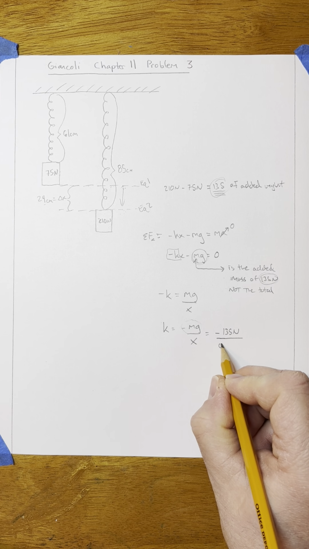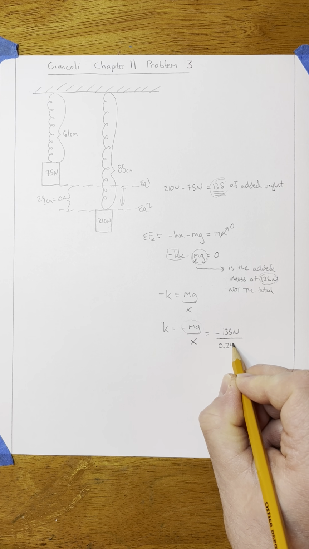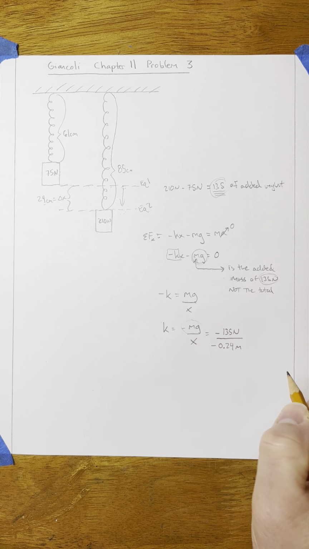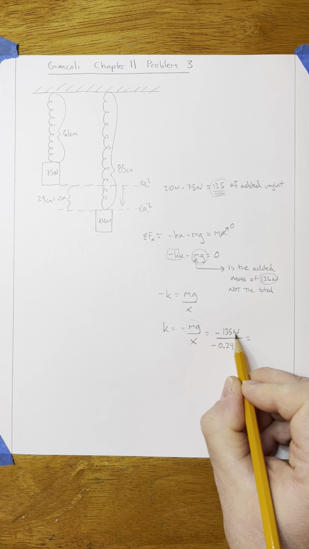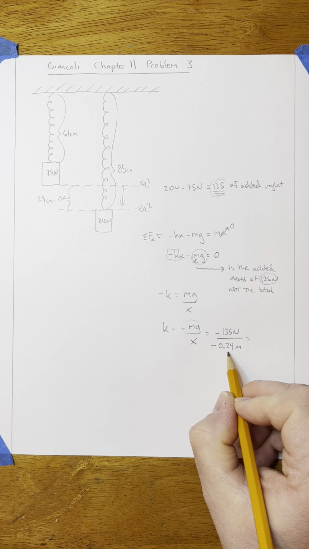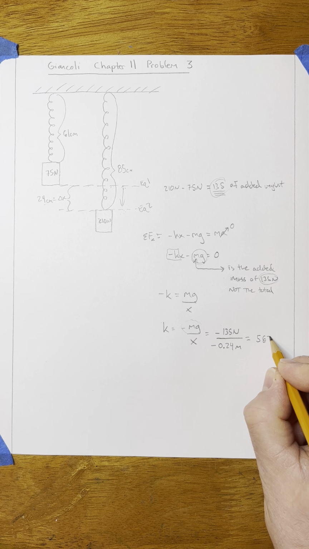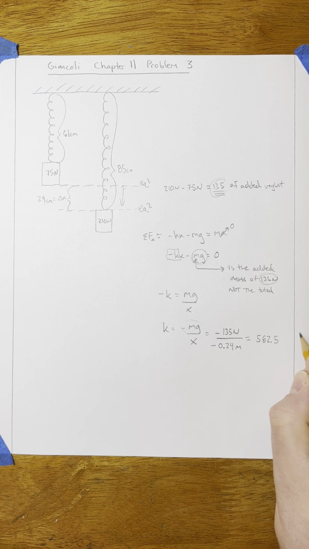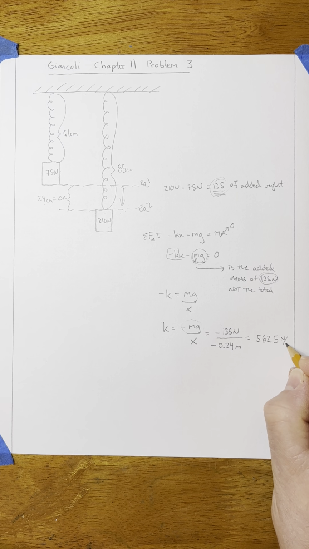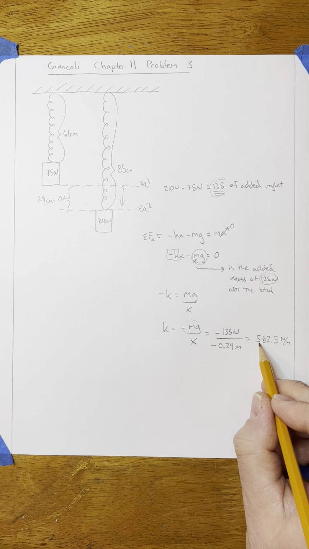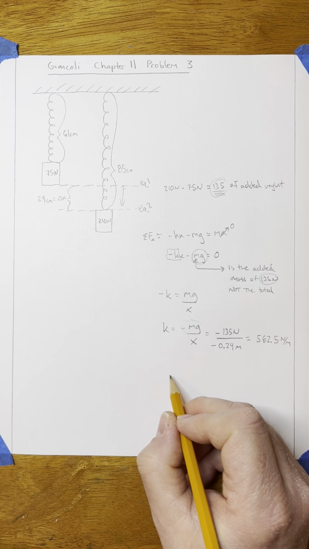That's 0.24 meters, and that's in the negative direction. So 135 newtons divided by negative 0.24 meters is equal to 562.5 newtons per meter. That is our k value.